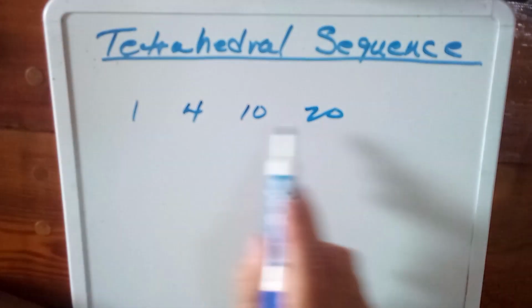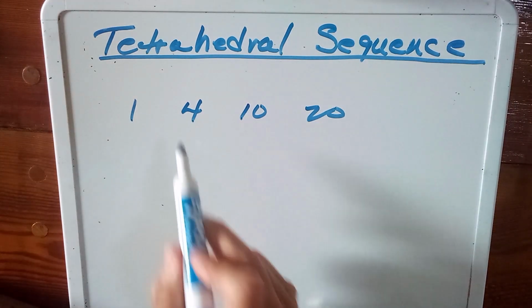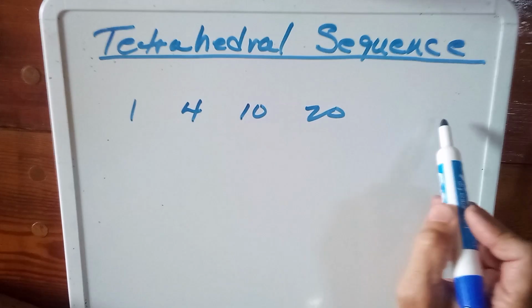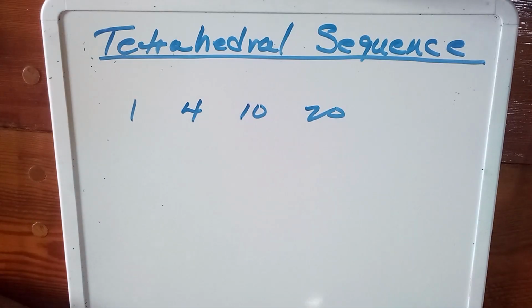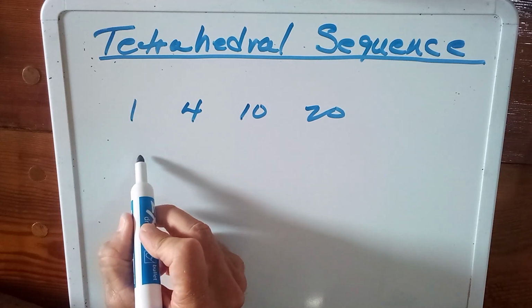If I am only asked about the original tetrahedral sequence, there is a formula to arrive at each and every other number, a recursive formula, not an explicit. The explicit formula to arrive at any n here, which would be any number in the sequence, is very complex. And it's so complex that chances are you would not get a precise answer. But the recursive sequence is very simple, and it is as follows.